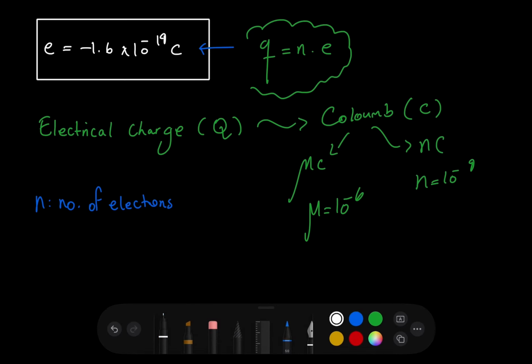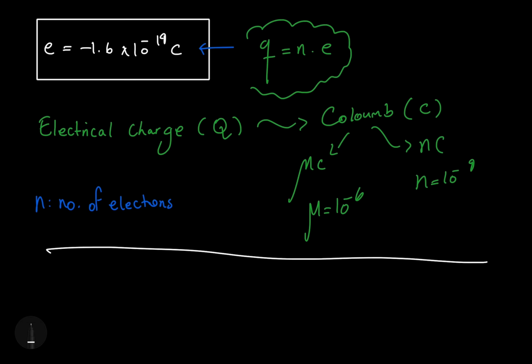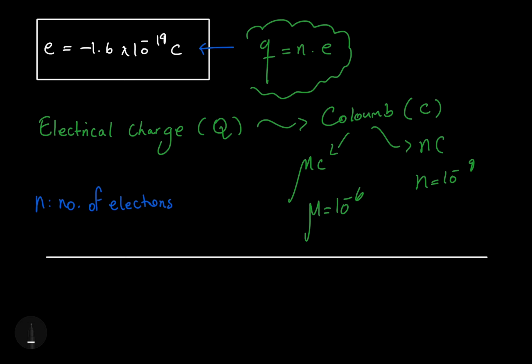Now, some of the questions you can be asked on this are technically finding the number of electrons, or finding the charge of a given number of electrons. So one question could be, for example, how many electrons are there in a 1 coulomb charge?